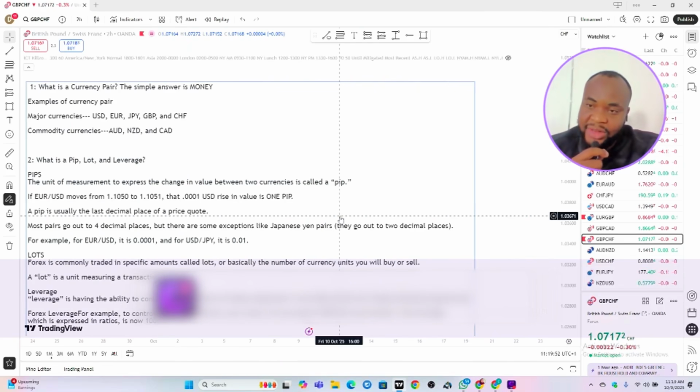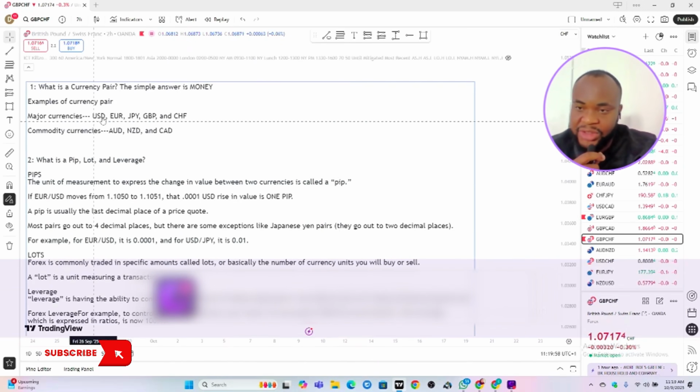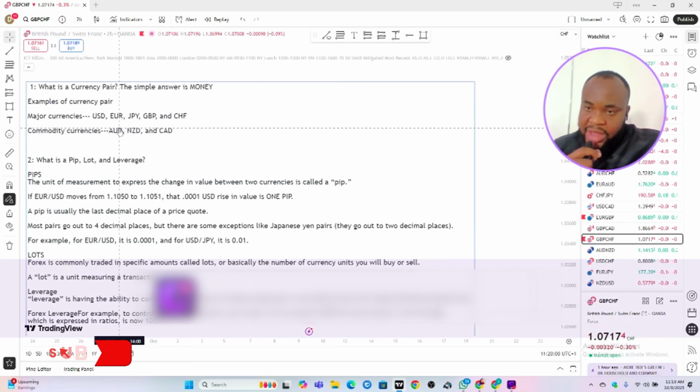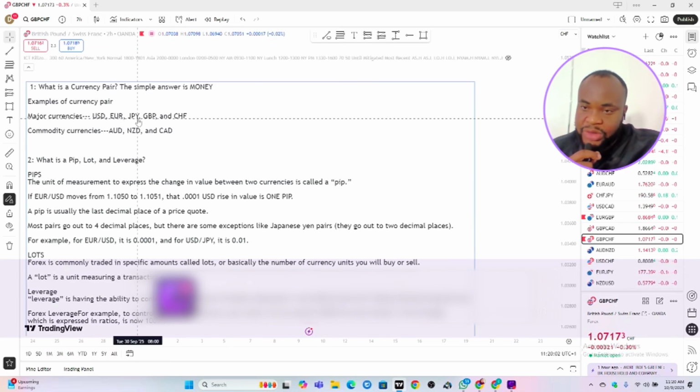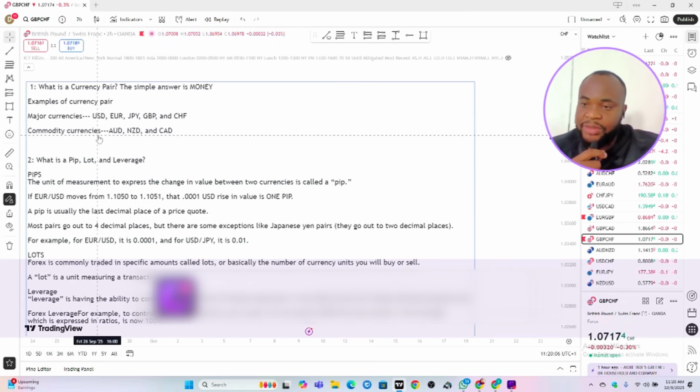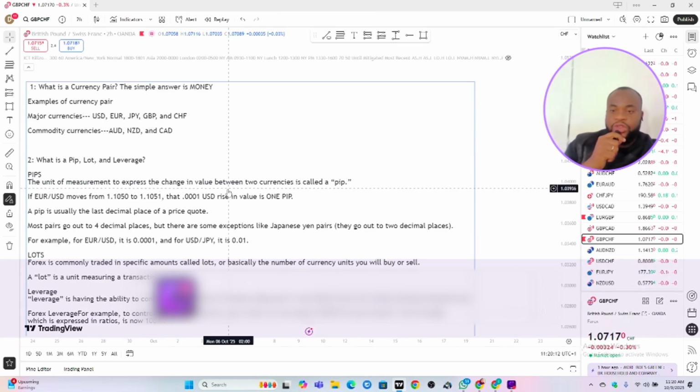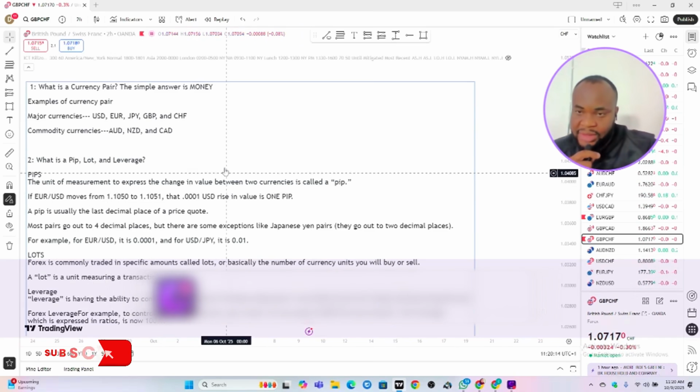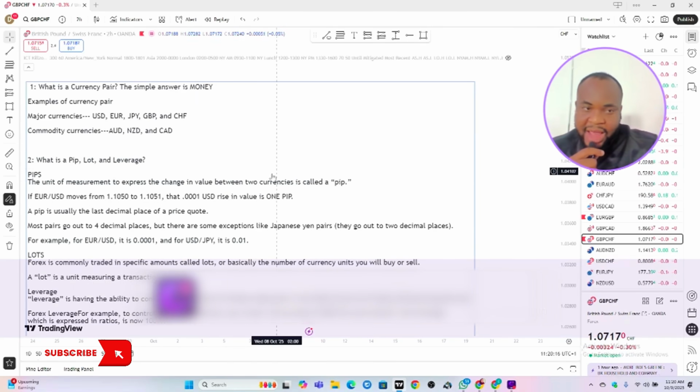Those are the major currencies I just stated: USD, EUR, JPY, GBP, and CHF. So those are the major pairs. The commodity pairs are the AUD, the NZD, and CAD. Though we have so many more pairs, we can't list all of them now.